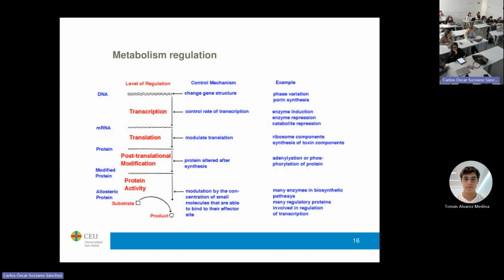And then translating from RNA to protein, there is also a lot of regulation. Post-translational modifications change the way that protein behaves. So there is, again, a lot of regulation there. And here at this level now that we are today, the metabolism, there is also a lot of regulation. And this regulation comes from regulatory proteins. It comes from different pathways.